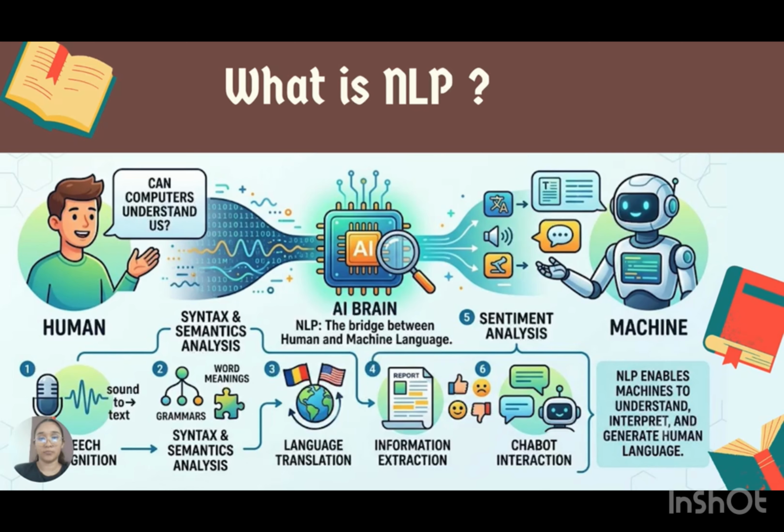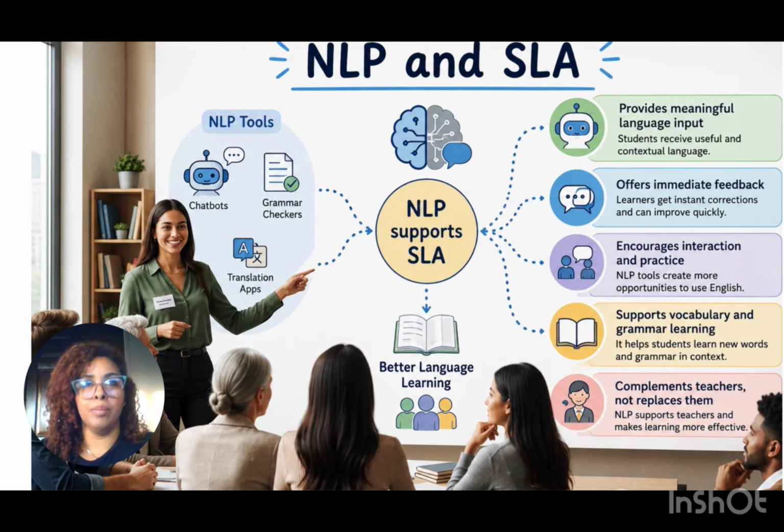Now, our partner Yasuri will continue. In this slide, we're going to understand the concepts of natural language processing and second language acquisition, and the benefits and tools of them. Natural language processing is the technology that helps computers use human language.